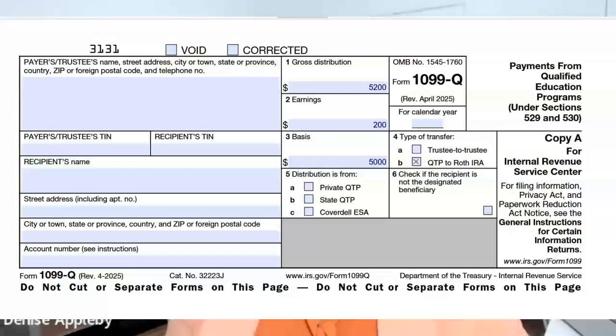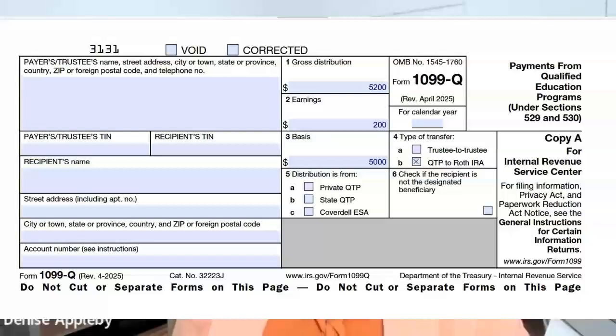So if you're looking at the form right now, you'll see I filled out a dummy form. And you'll see that in box 1, gross distribution, it's $5,200. Earnings, $200. Basis, $5,000.